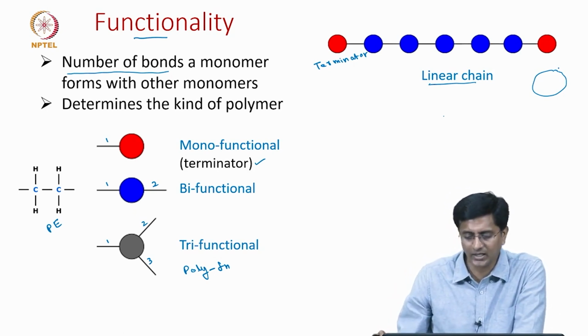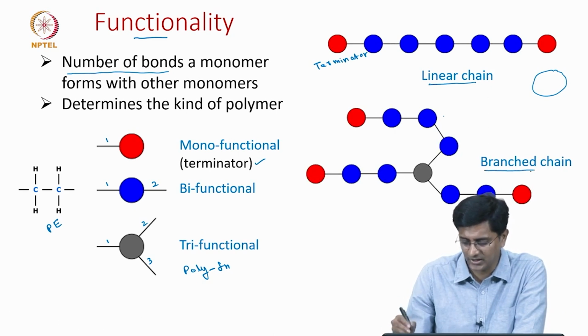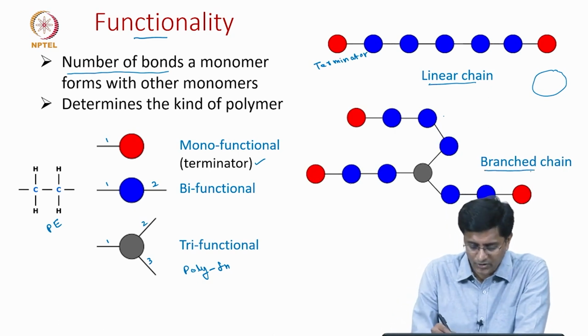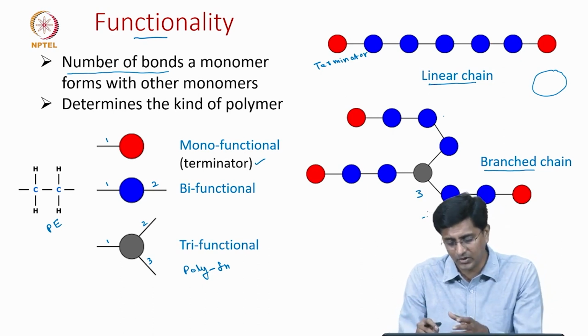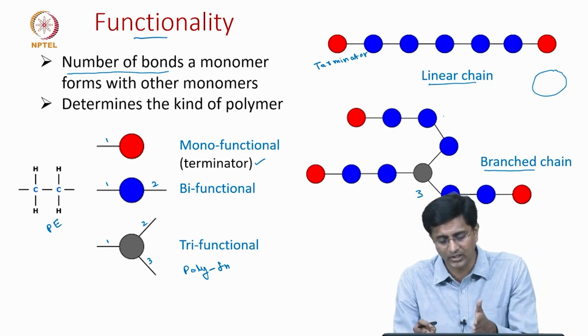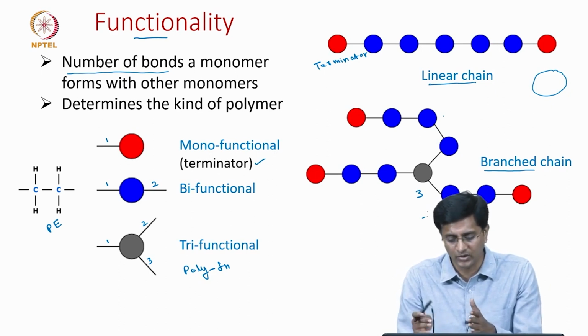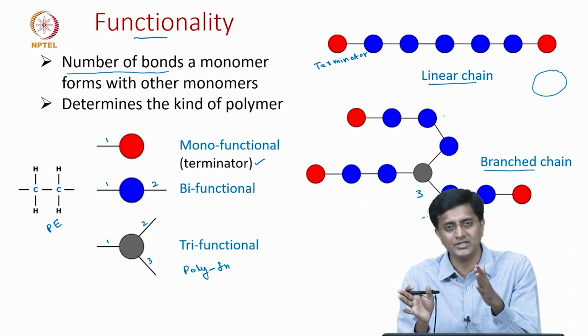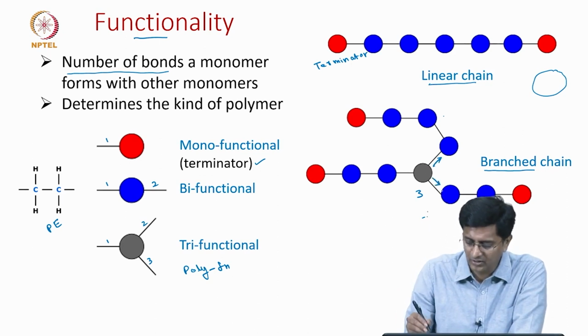Now let us look at another possibility. Here what we are showing is a branched chain. Here, in addition to these bifunctionals and the terminators, we also have this trifunctional. Here is the trifunctional, and if you focus on the left of the trifunctional, it is almost like a linear chain, but to the right, because there are two branches, one goes upwards and one goes downwards.